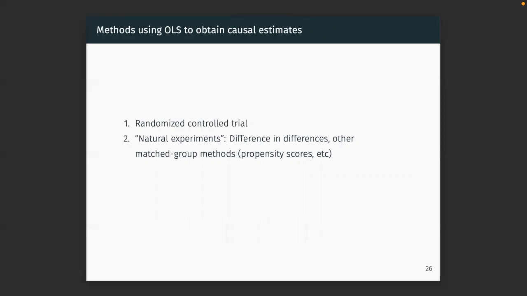We have to make additional assumptions in those cases, but we can do it. And those are also cases where we can use OLS to obtain a causal estimate. The key being that we have designs with either very closely matched pairs or full randomization. We've designed so that there are minimal differences across groups or no differences across groups. That's the key, no differences across groups.